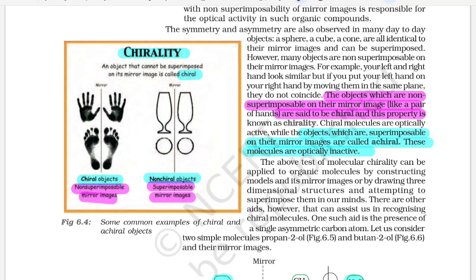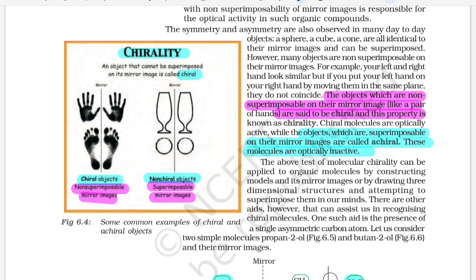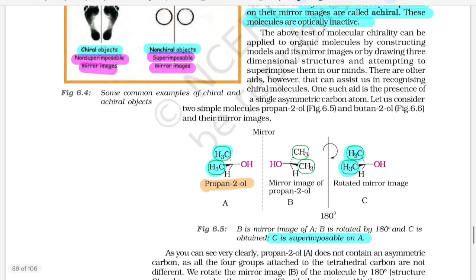Superimposable means you take this and place it on this one, and exactly they will fit on each other. That is called superimposable mirror images. If it is superimposable, it is called non-chiral or achiral. If it is non-superimposable, then it is called chiral.